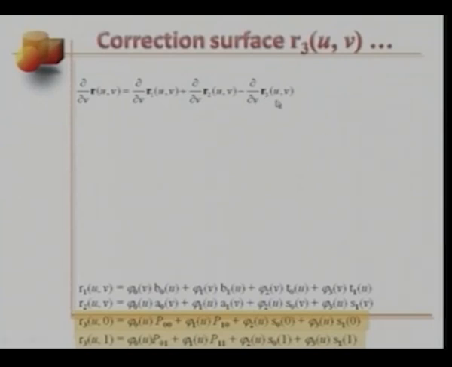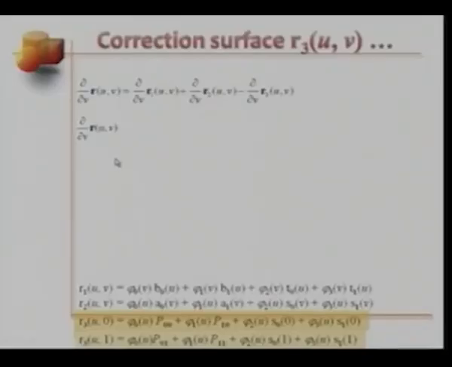So with these two information and with these two, we can think of creating a lofted patch for r3. So partial r over partial v will be equal to partial of this expression with respect to v plus partial of r2 with respect to v minus partial of r3 with respect to v.